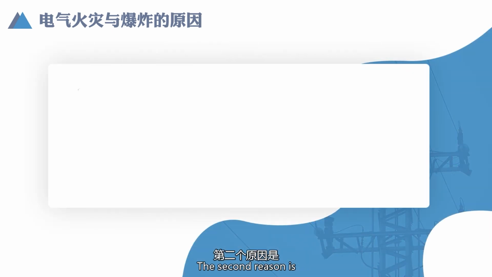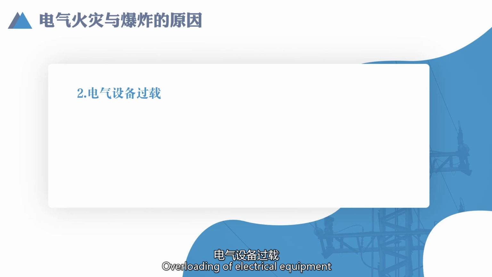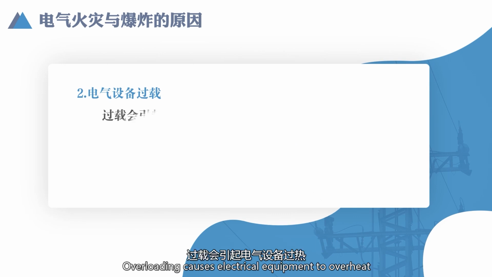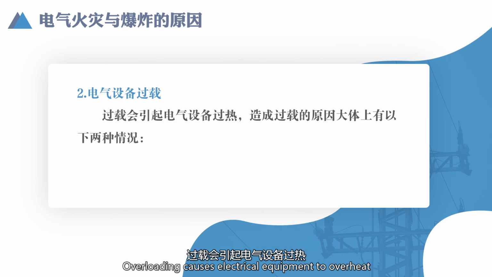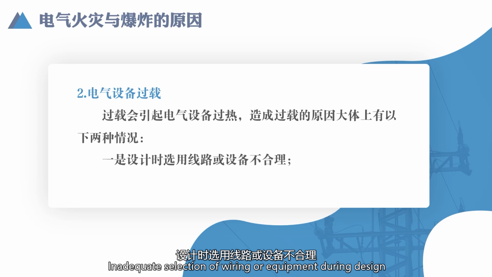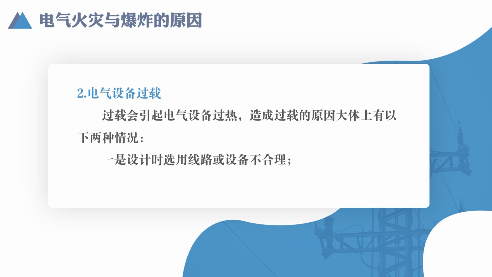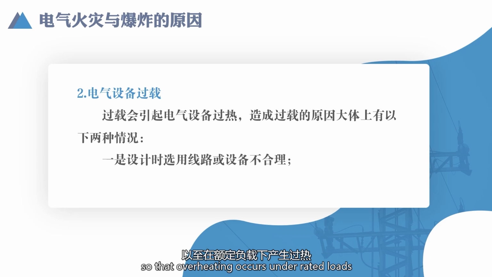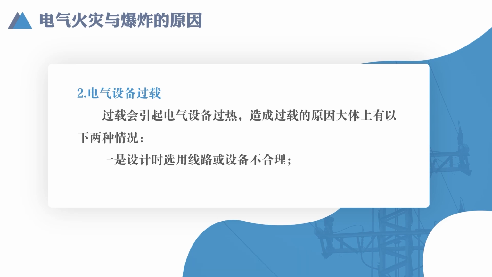The second reason is overloading of electrical equipment. Overloading causes electrical equipment to overheat. The causes of overloading are broadly the following two situations. One is inadequate selection of wiring or equipment during design, so that overheating occurs under rated loads.